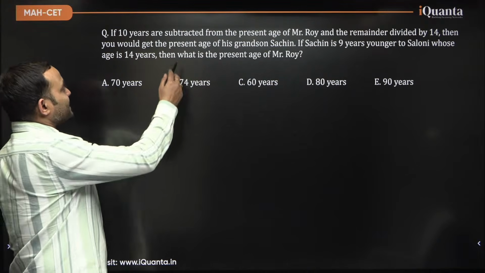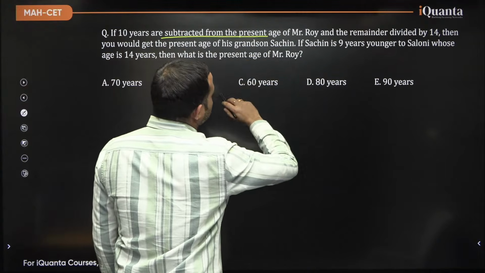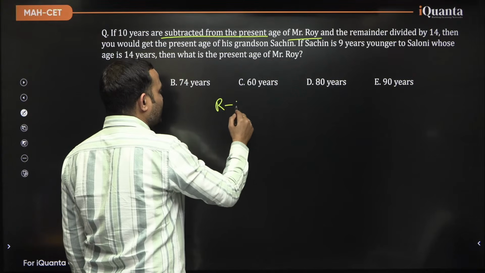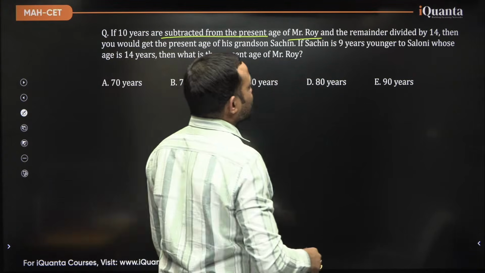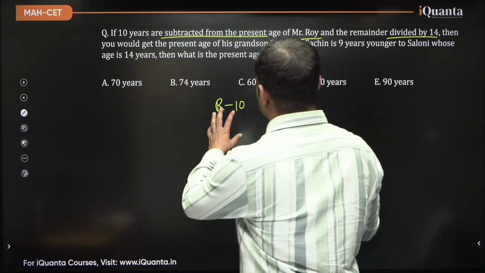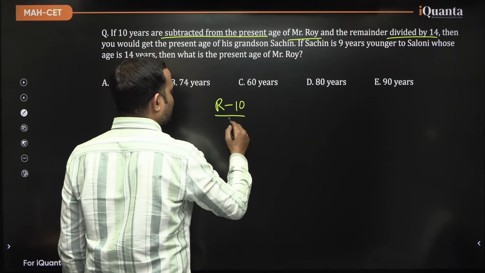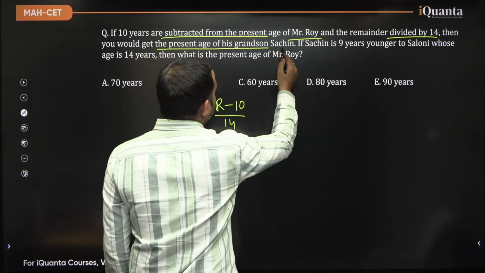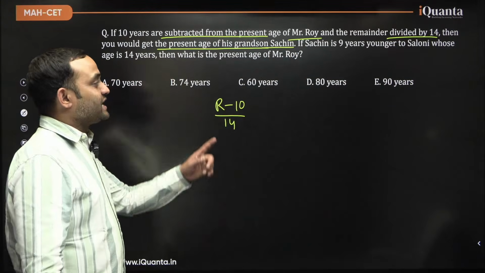It says if 10 years are subtracted from the present age of Mr. Roy, so r minus 10, and the remainder is divided by 14, then you would get the present age of the grandson Sachin.